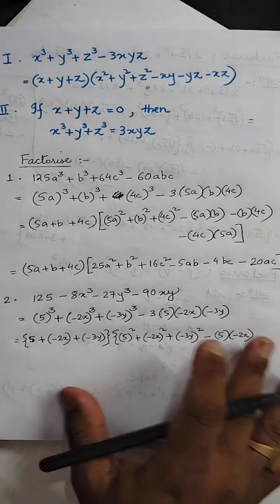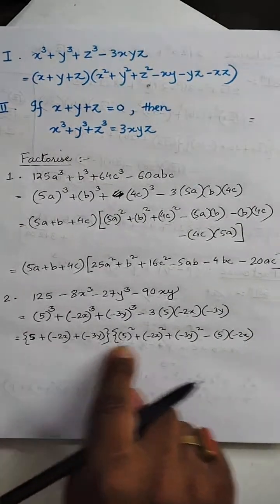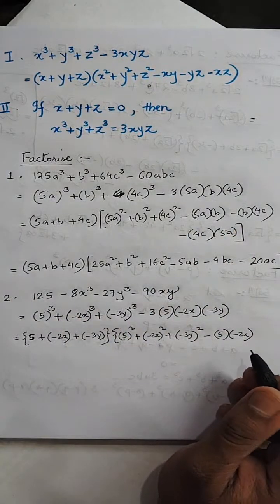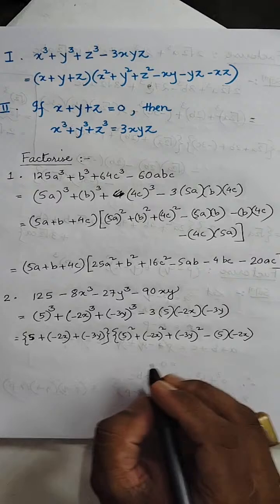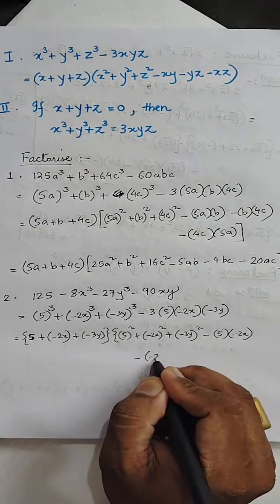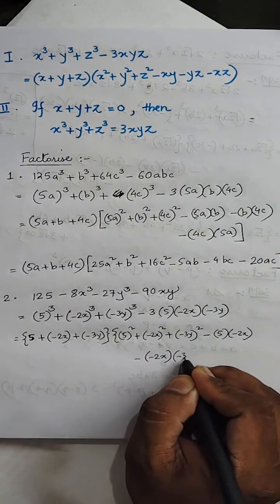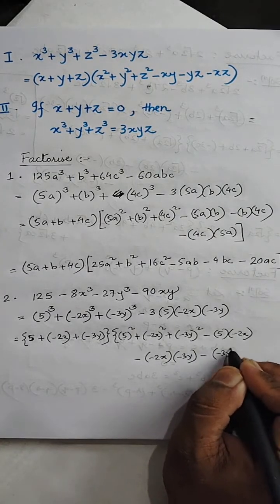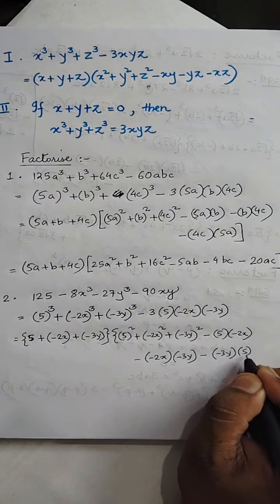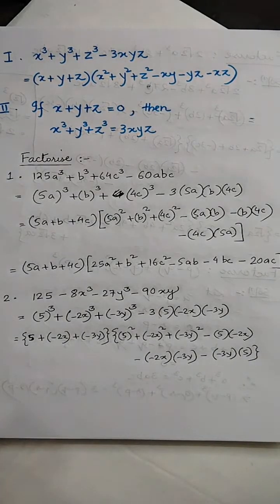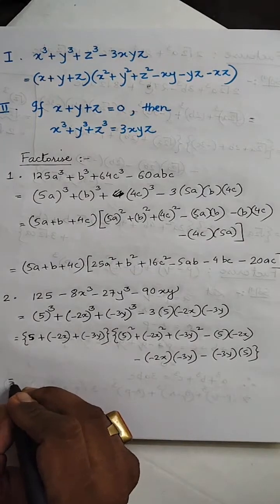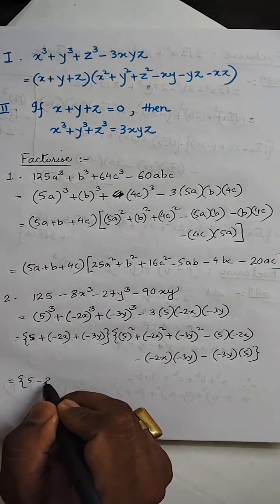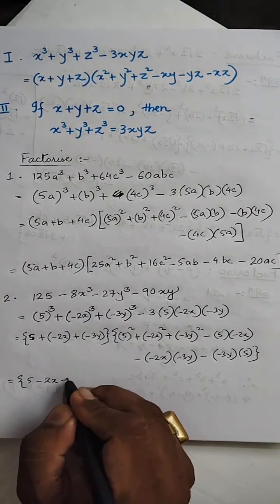My notebook doesn't have space, so just try to write this expression in a straight line. Both these statements rather. So minus 5 into minus 2x, minus of minus 2x and minus 3y, and minus 3y into 5. So 5, and this will become minus 2x, and this will also become minus 3y.